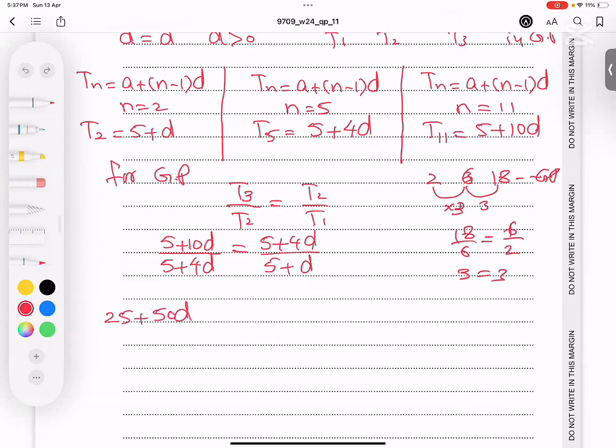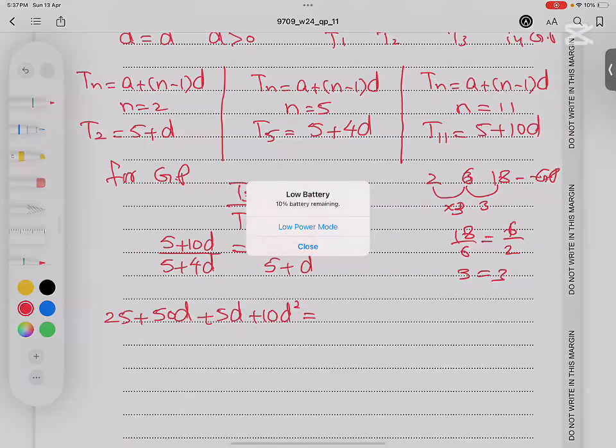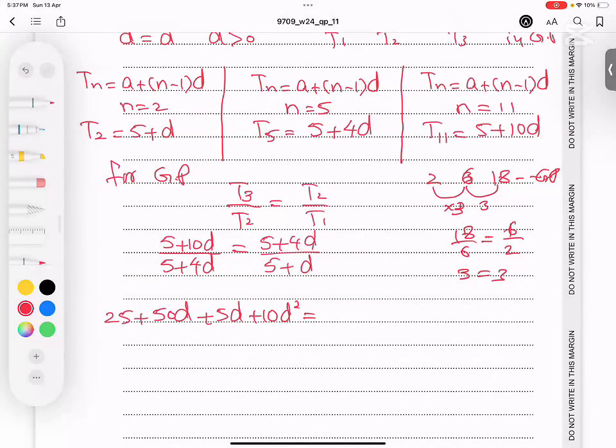D multiplied by both: 5D, 10D squared. This is behaving like a square of the term. Okay, I do the full method: 5 into 5, 25. 5 into 4, 20D. Now 4D multiplied by both: I got 20D and 16D squared. Out of 16, 10 is gone, and I get 6D squared here.